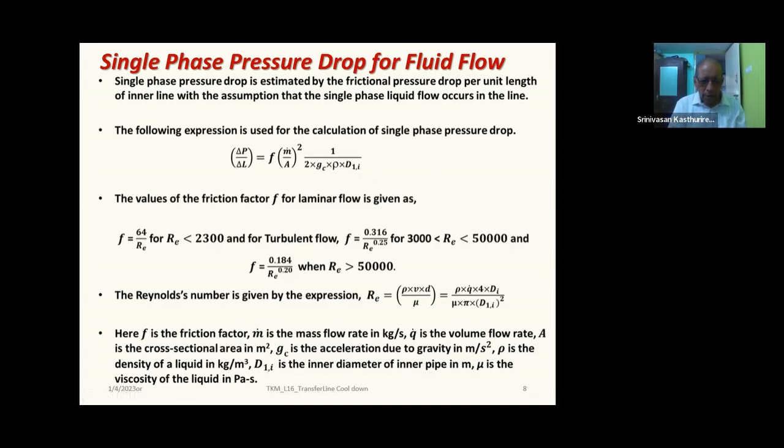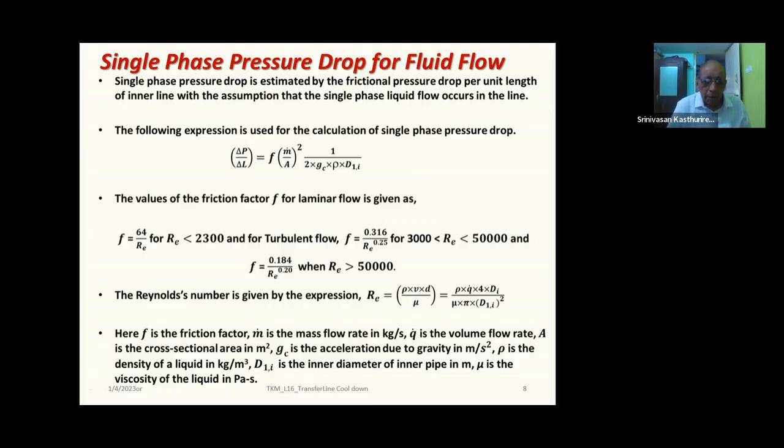So what is all this? We will see shortly. F represents what is called the friction factor. The friction factor is a number which depends upon the friction to the fluid flow. A lot of experimental studies have been conducted for different types of flows, particularly varying the Reynolds number.